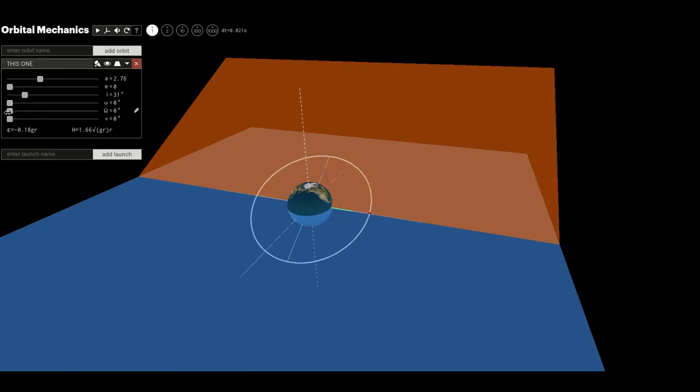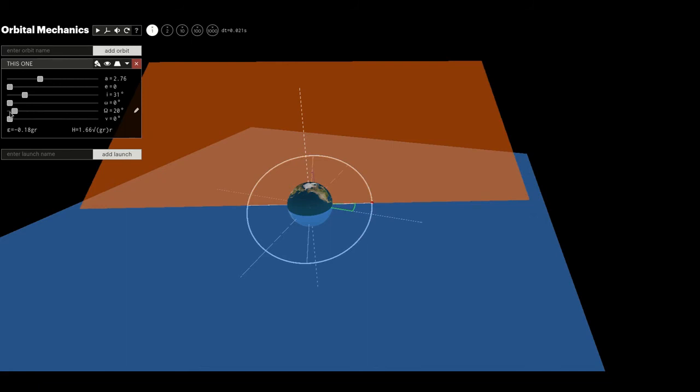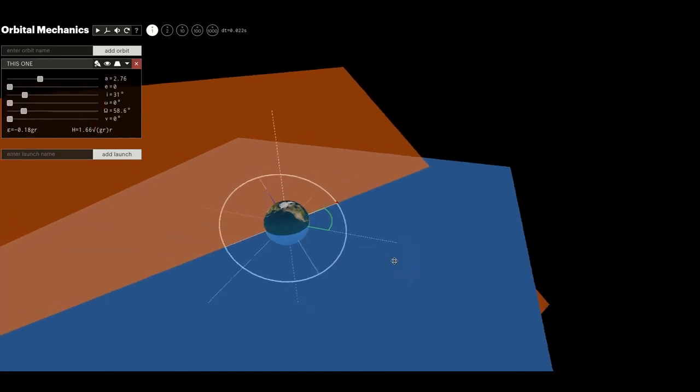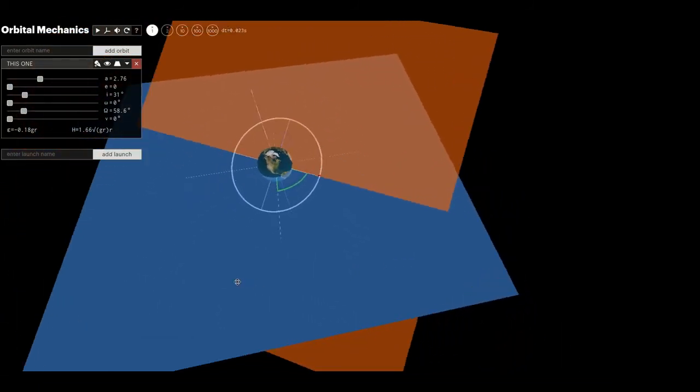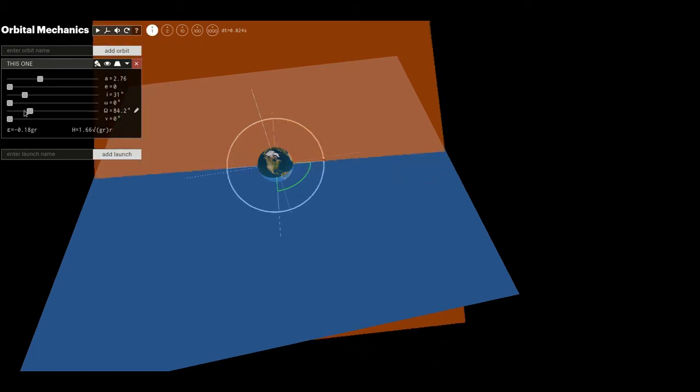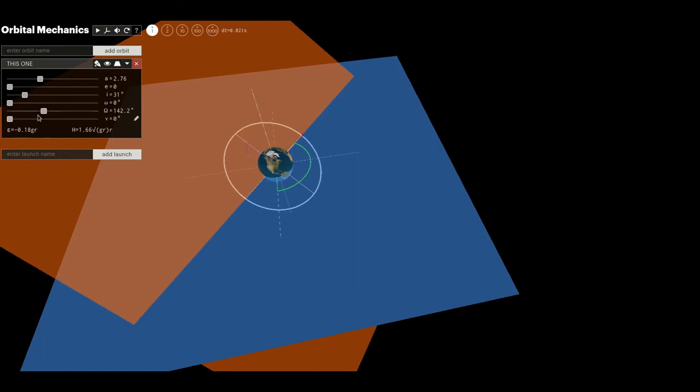If you increase the uppercase omega value, you can see the angle here from the vernal equinox to where that satellite passes through the equatorial plane. So we'll move this further around. So here we go, that's at 142.